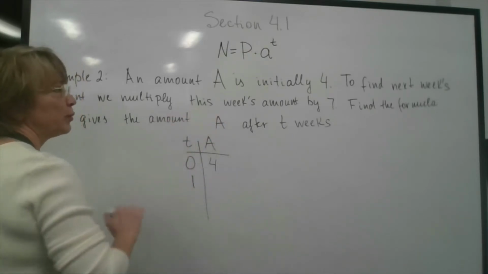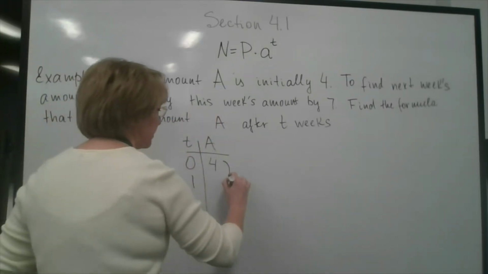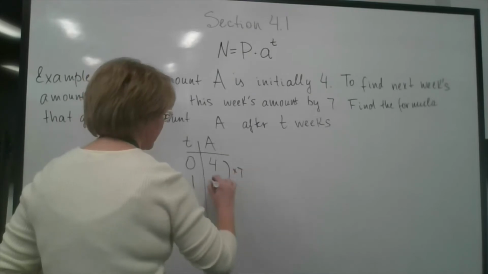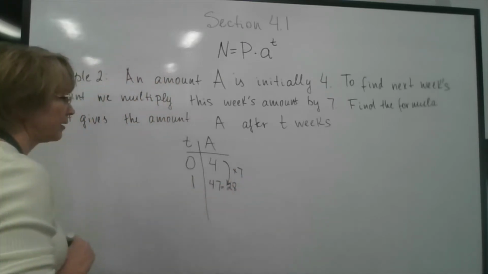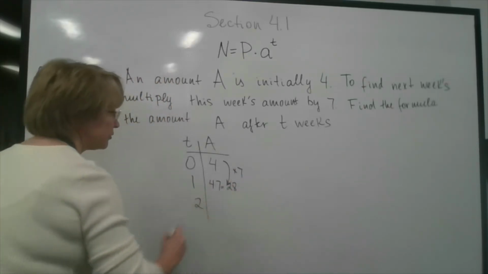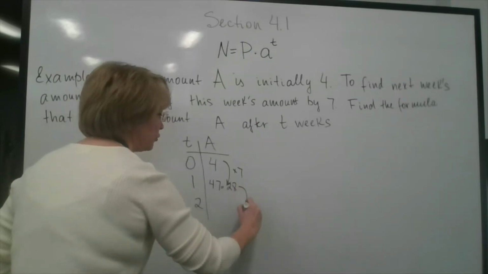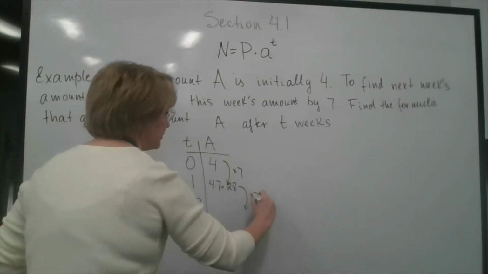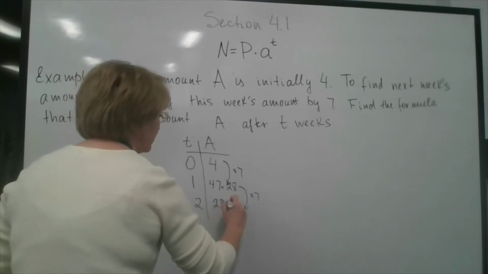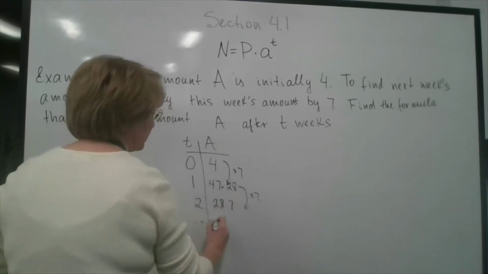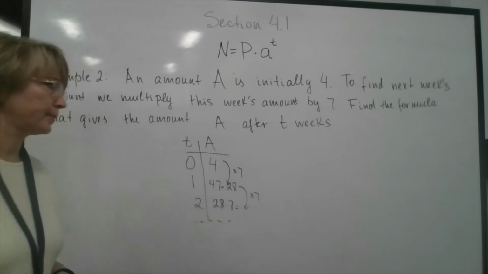To find the next week's amount, we have to multiply by 7. So it will be 4 times 7, and it will be 28. How will we find the next week? Again, we will take 28 and multiply by 7. So it will be 28 times 7, and keep going, and so on.